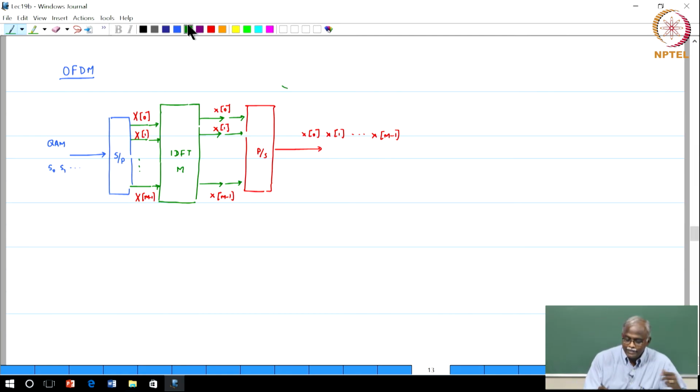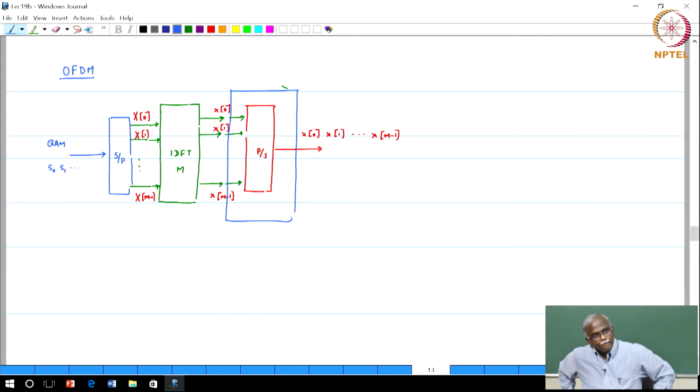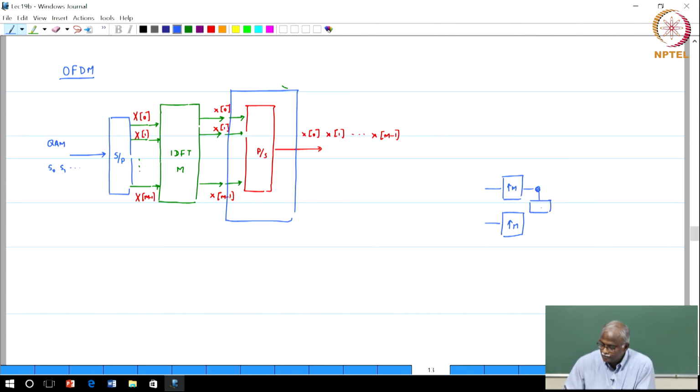Having studied the multirate part, how would you characterize this portion? Parallel to serial converter, we have already seen, is nothing but this: you upsample each of these streams by a factor of m and then add them with suitable delays. The next stream will be upsampled by m, pass through a delay, and so it gets moved one unit to the right.